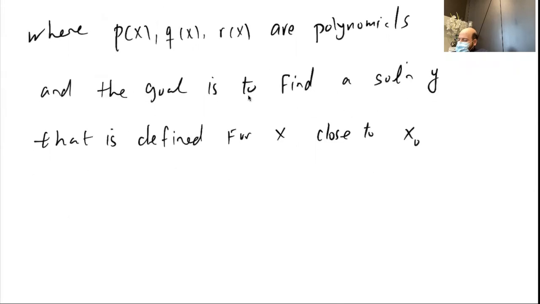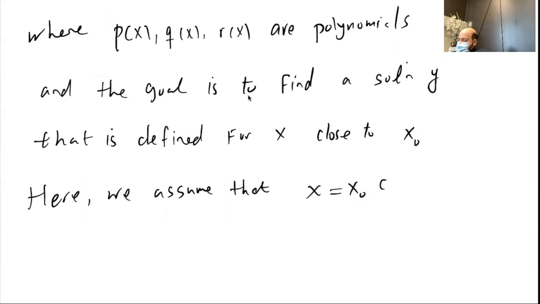So x naught is a fixed number in the domain of P of x. Here we assume that x equals x naught is in the domain of P, and P is a polynomial, so its domain is all real numbers.